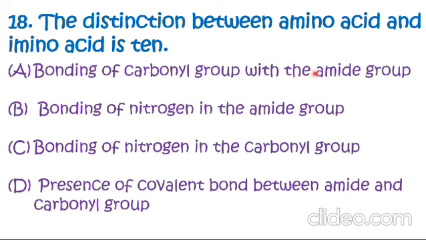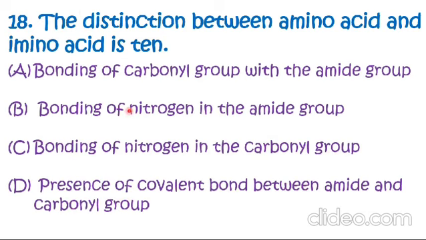So question number 18: the distinction between an amino acid and an imino acid is in the? Option A, bonding of the carbonyl group with the amide group; B, bonding of the nitrogen in the amide group; C, bonding of nitrogen in the carbonyl group; D, presence of a covalent bond between the amide and the carbonyl group.